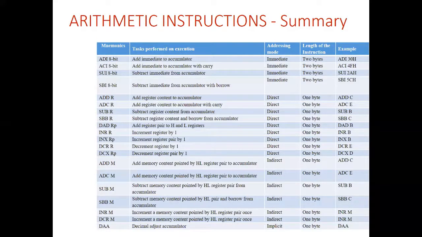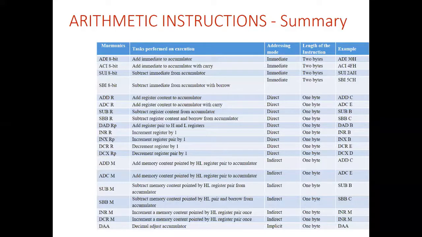Suppose the B register holds one data byte, 32. If INR B is executed by the microprocessor, the new content of B will be 33. The content of the B register will be incremented by 1.